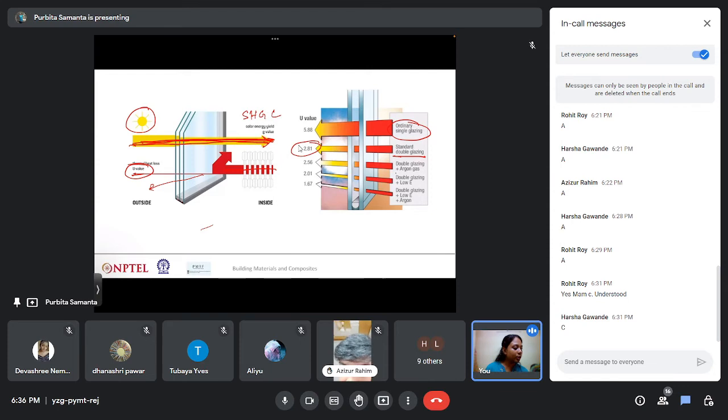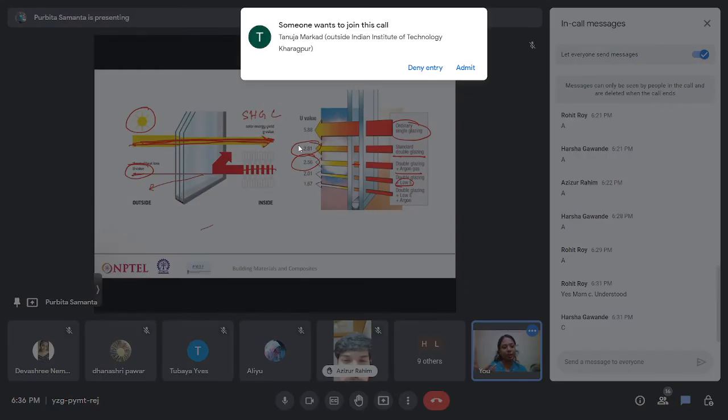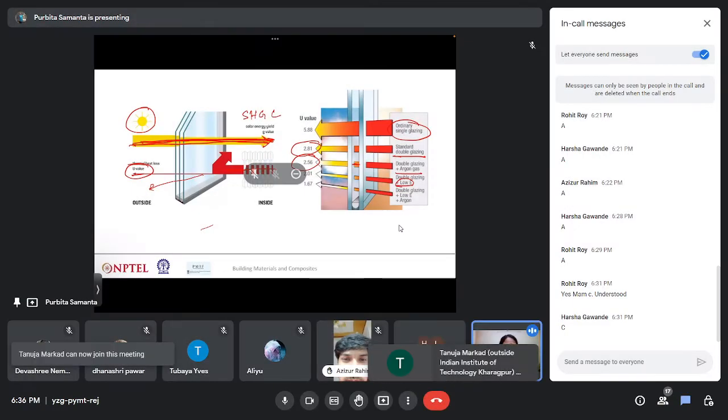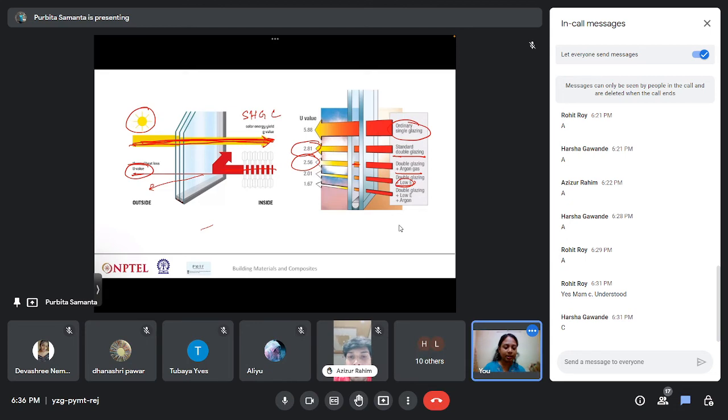Suppose you're using argon gas between the two glass panes, that further reduces your U value. Once again, if you have something like low E, what does low E help you with? This coating is used when you want to minimize the ultraviolet light entering the room you are designing.